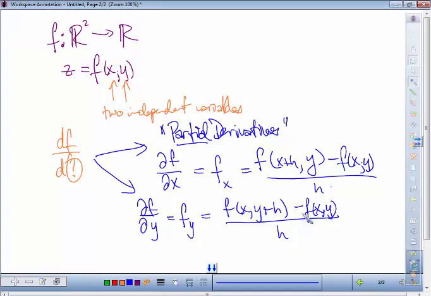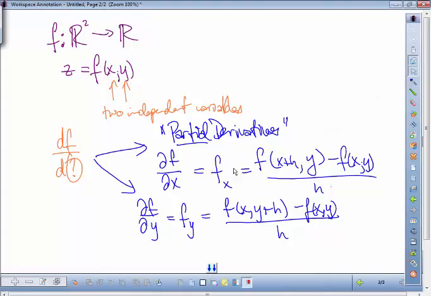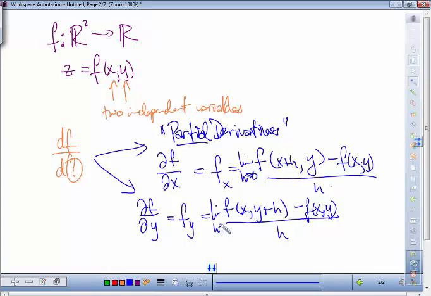Oh, I'm sorry, there's a limit there that I forgot to add on. I'm going to squeeze in the limit here. So limit as h approaches 0.